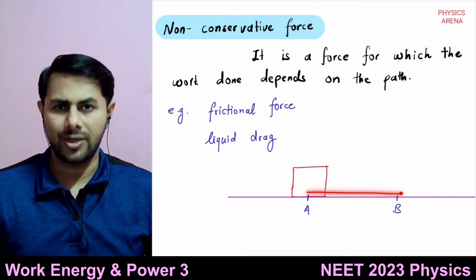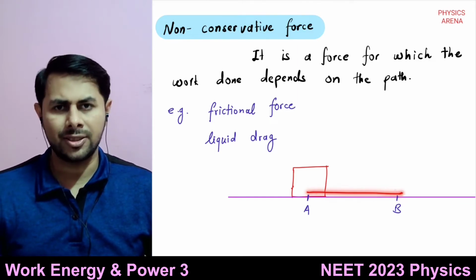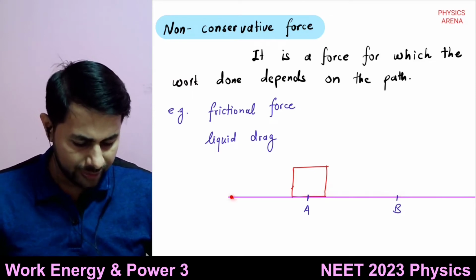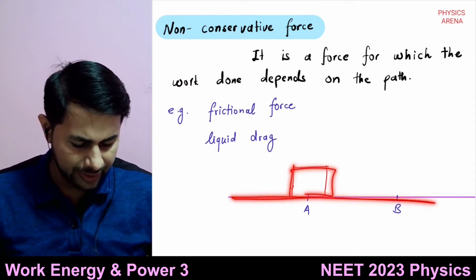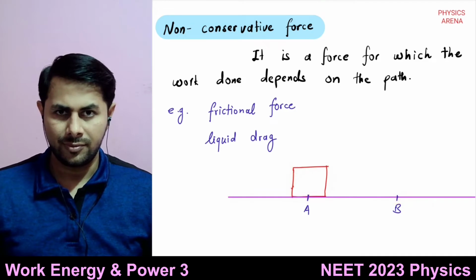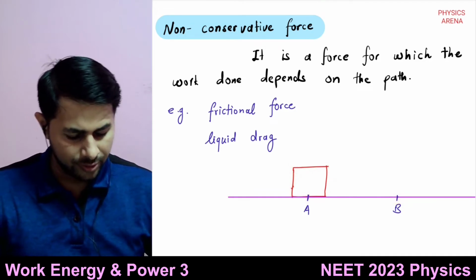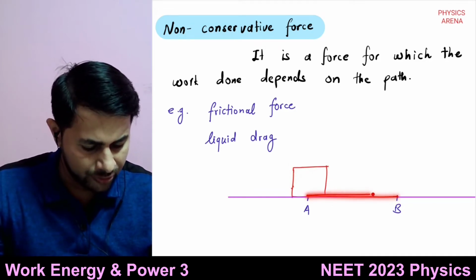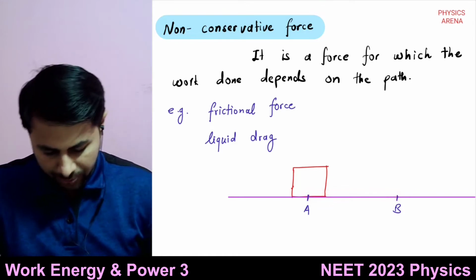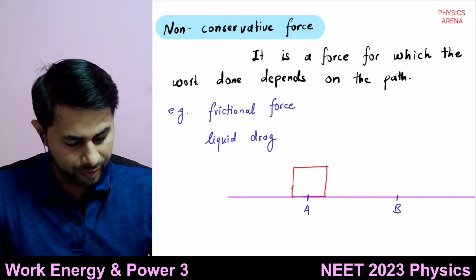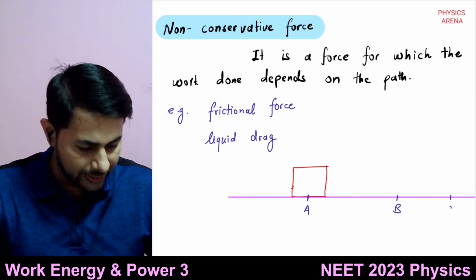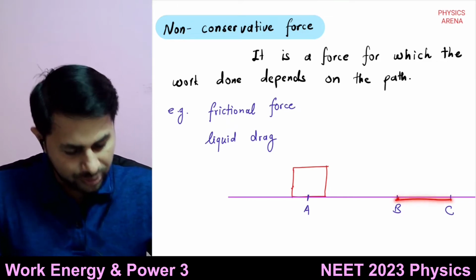There will be some work done, right? Work done against what? The frictional force between this surface and the block. So now let's suppose I move it from A to B to C, and from point C again I move it back to the point B.